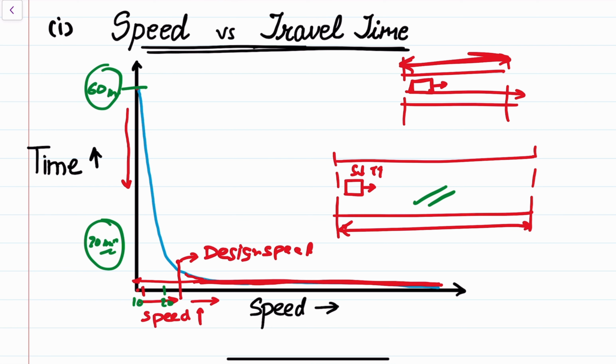So up to a certain speed level, the travel time will decrease, but after that it will remain constant.